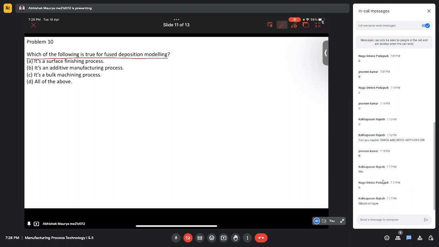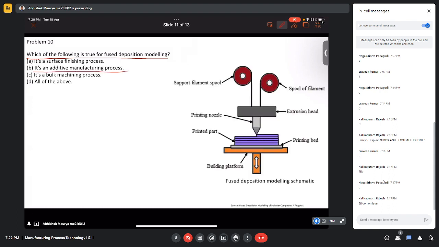Okay, yes, already all of you have given the answer. It is an additive manufacturing process. Till now we have seen all kinds of processes where we were interested in manufacturing products by removing material. Either it was conventional machining, or non-conventional machining techniques like ultrasonic machining, abrasive jet machining, or EDM, ECM.